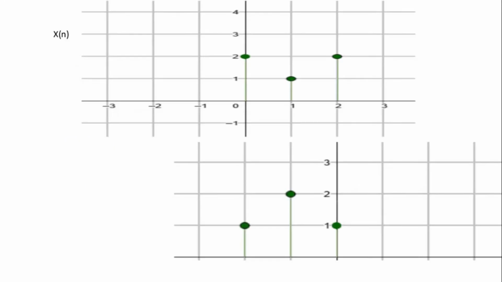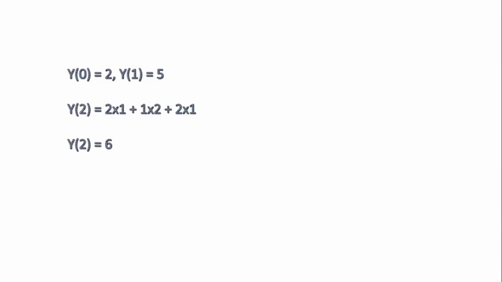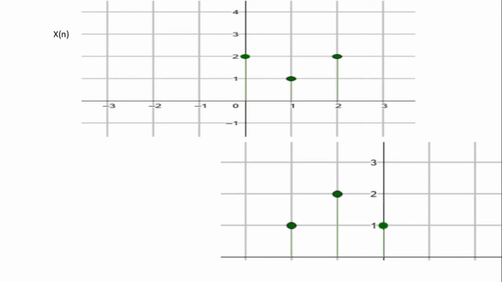We shift it to the right by 1 again, and then calculate the overlap term. The overlap value is 2 times 1 plus 1 times 2 plus 2 times 1, so y[2] equals 6. We shift it to the right by 1 again and multiply the overlap terms again.